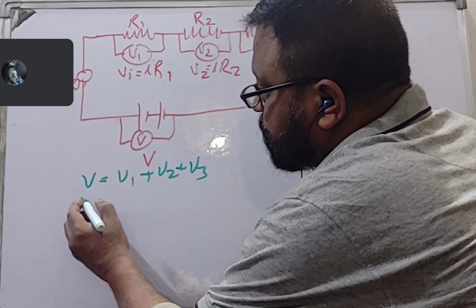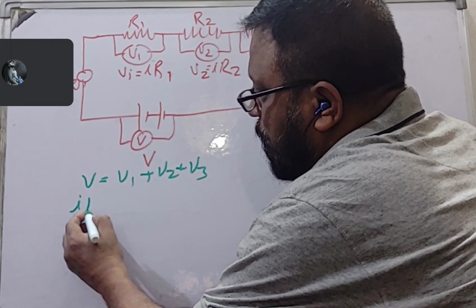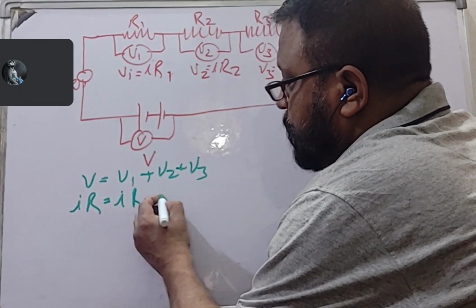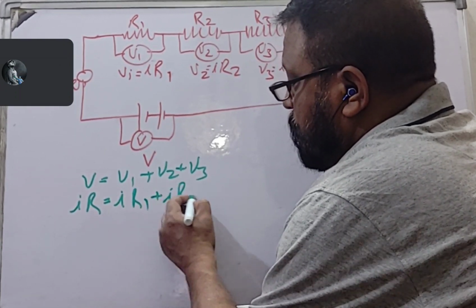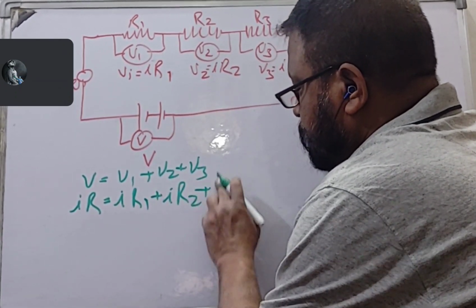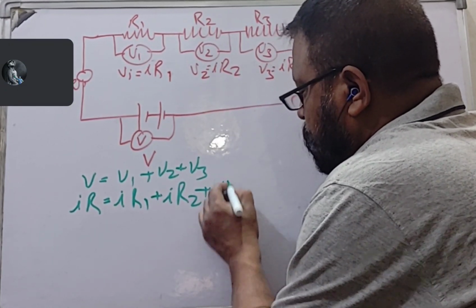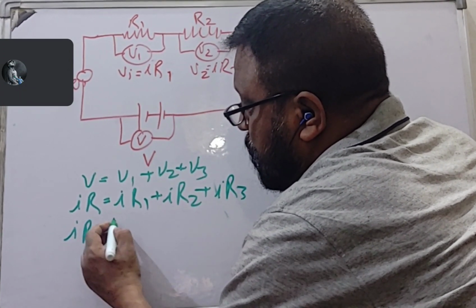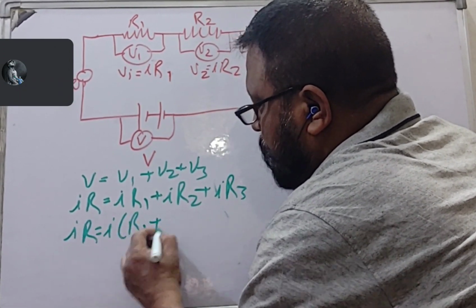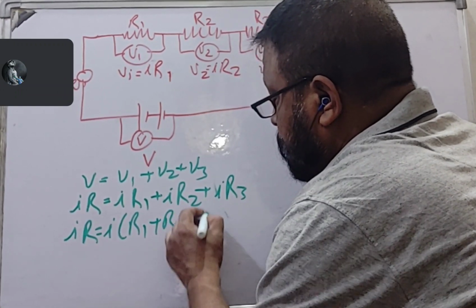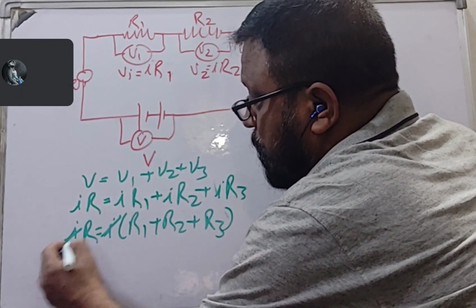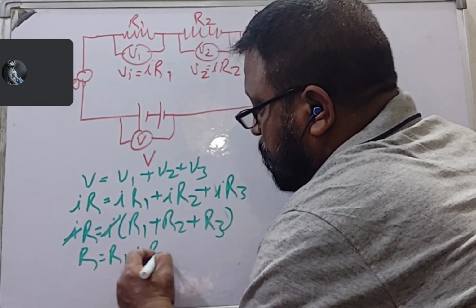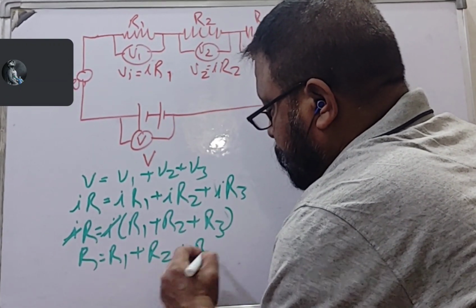So I into R is equal to I into R1 plus I into R2 plus I into R3. I we have taken as common, it becomes R1 plus R2 plus R3. I cancels, so R is equal to R1 plus R2 plus R3.